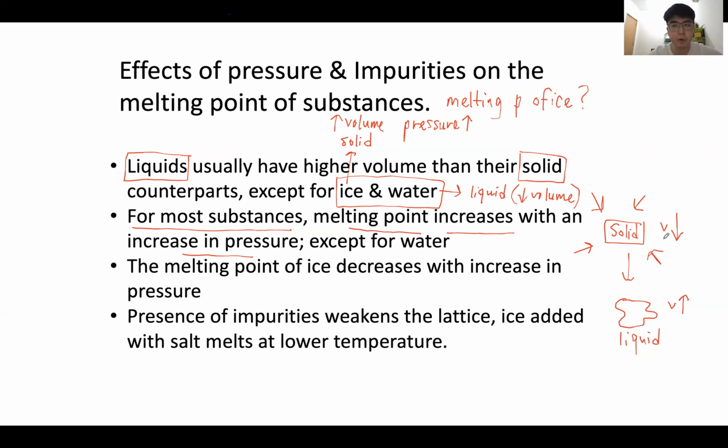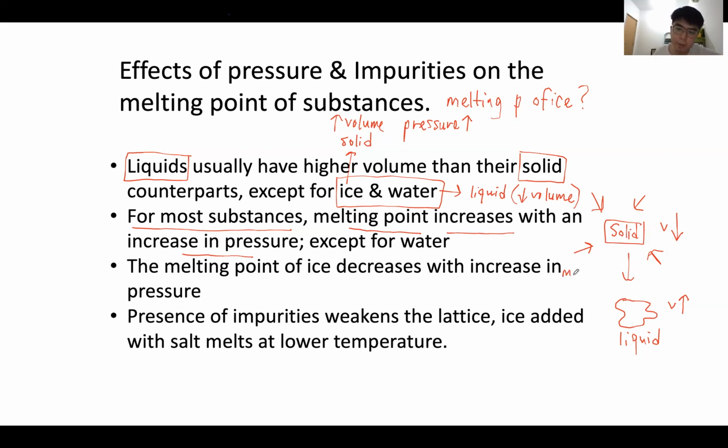They need to take more volume. So if the pressure is very high, then they cannot expand. So this will increase the melting point of the solid substance. Because if they find it very hard to expand, they need to take more heat. They need to take more energy, and you need to heat it longer.